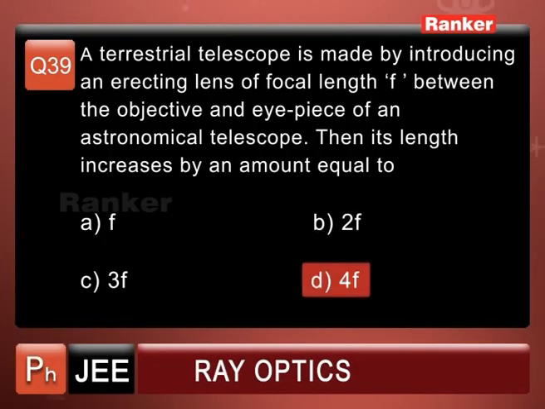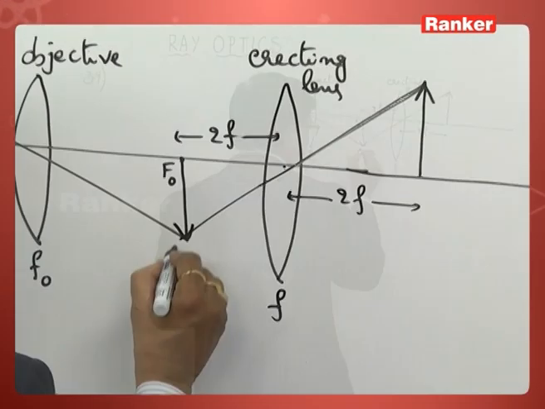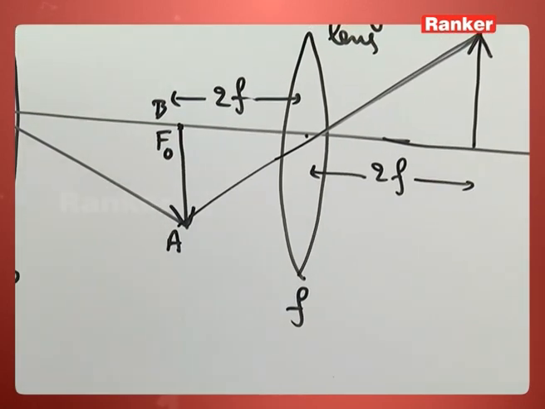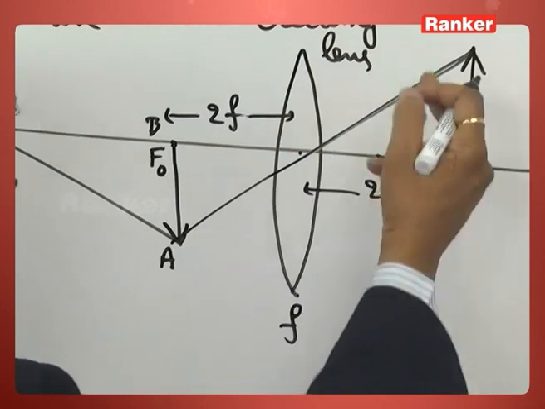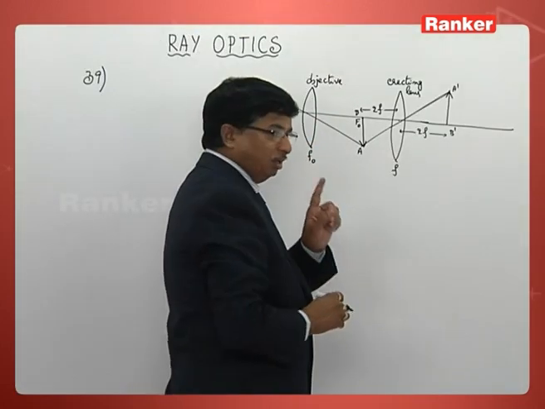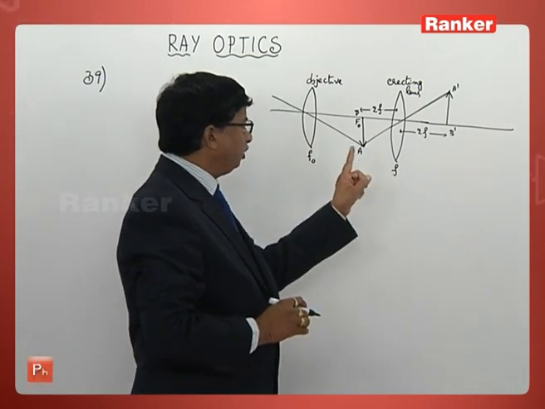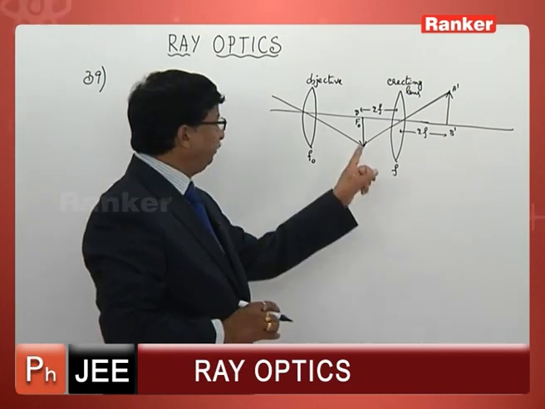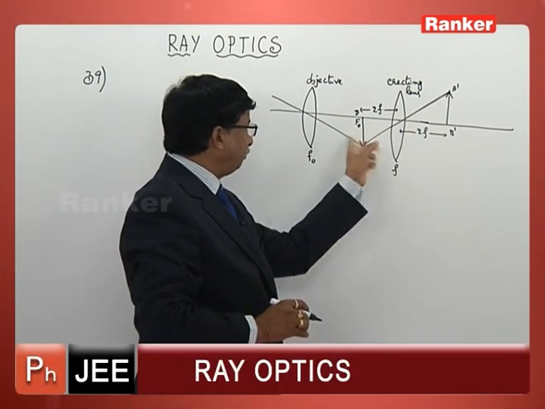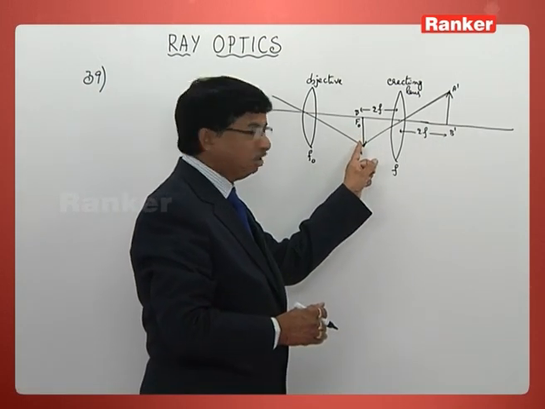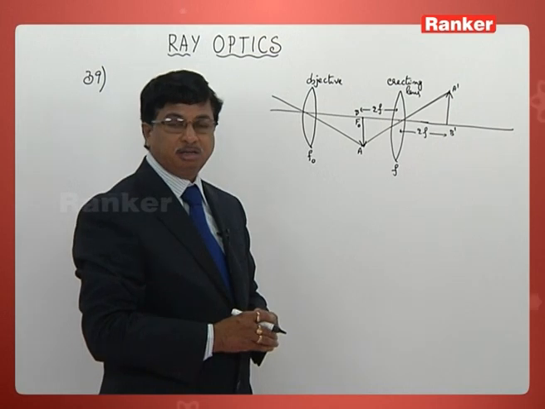Again at the same distance 2f only. So, if you take this image as AB, that is the real image formed by the objective, its image is again formed as A dash B dash here with the same size. Every dimension of the image and object are equal, but this is the inverted image of this inverted image, which is now becoming an erect image there.